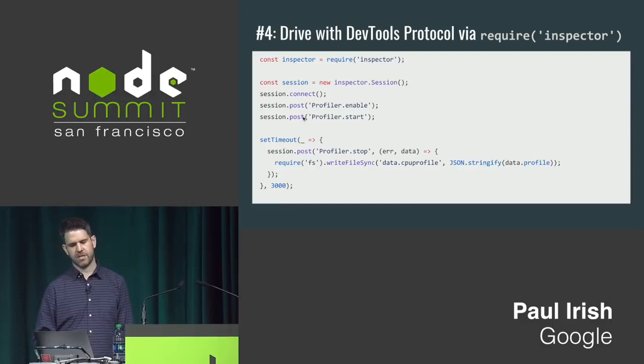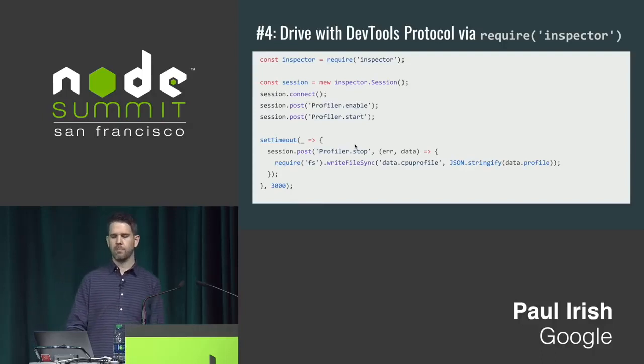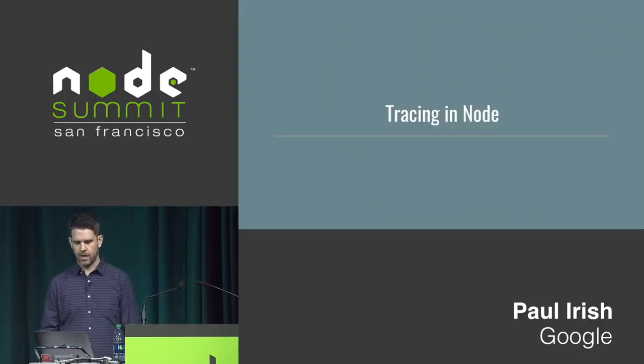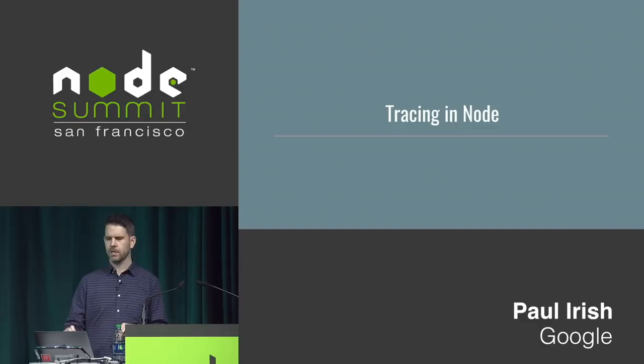Here you just set up a session and you talk the exact same protocol: profiler enable, start, stop, same thing as we were doing in the last one. But this is happening inside of your Node process instead. Also a decent option.